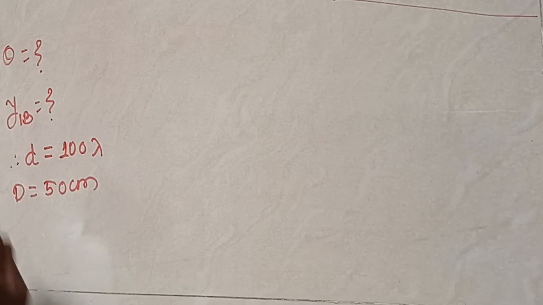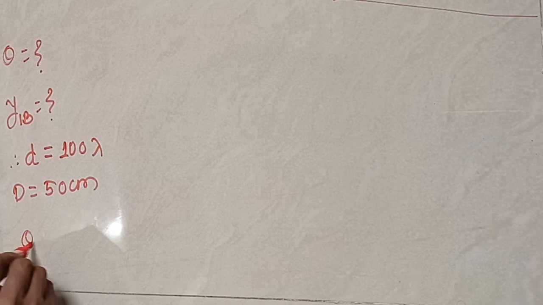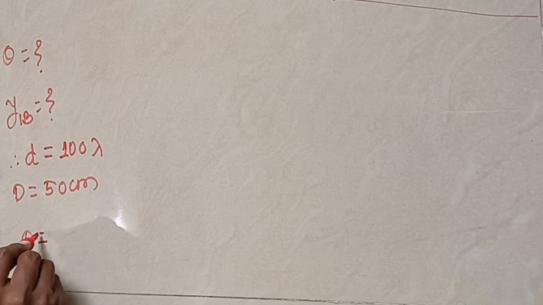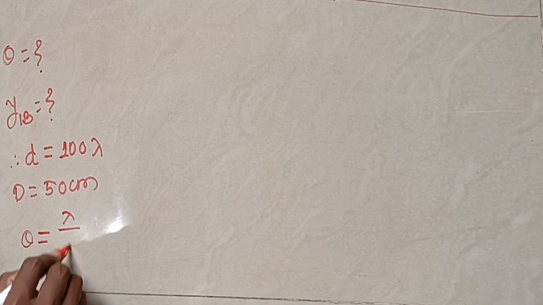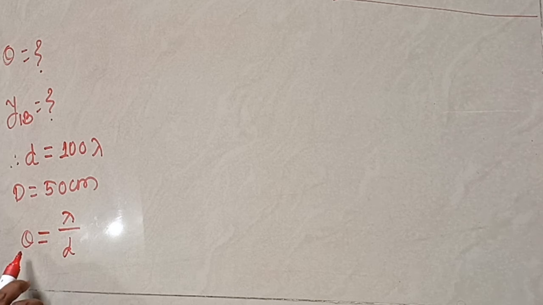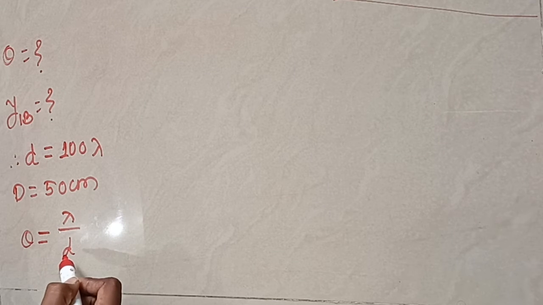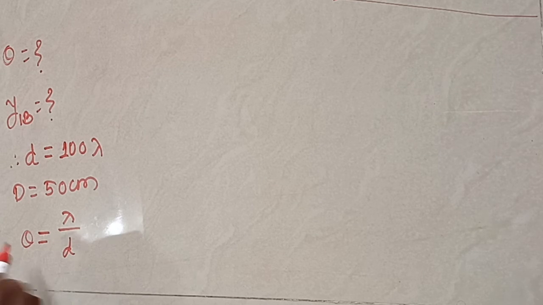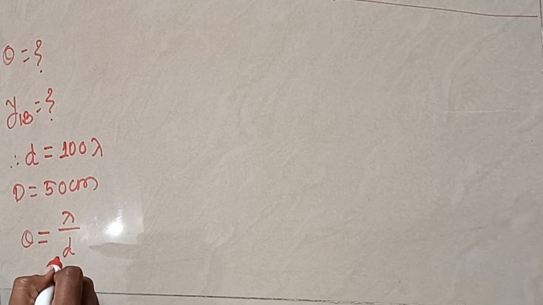Now what is theta? By formula, theta is equal to lambda upon d. In problem number 15 we got the angular separation theta is equal to lambda upon a. Here we denote the separation between the two sources as d. Therefore theta is equal to lambda upon d.